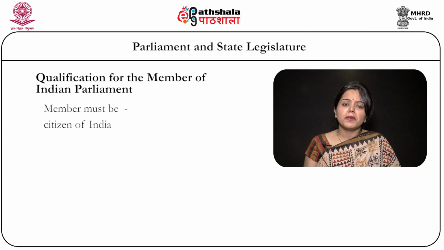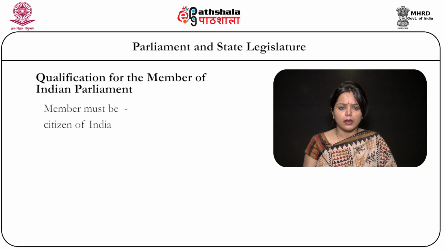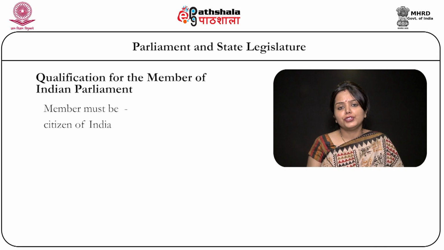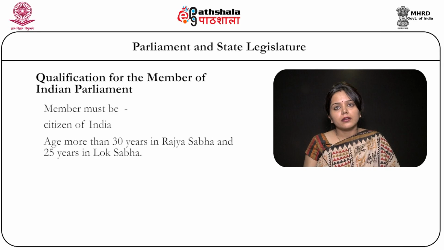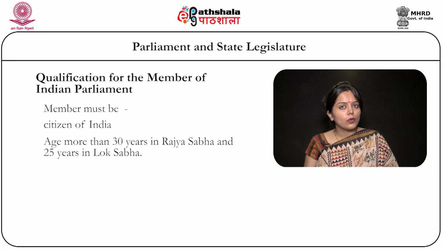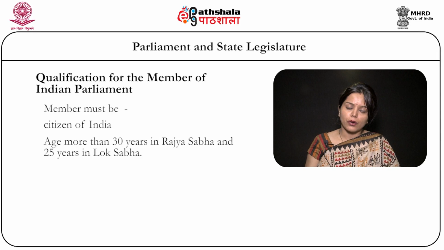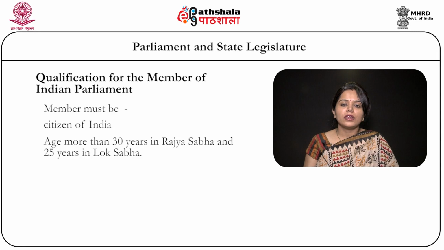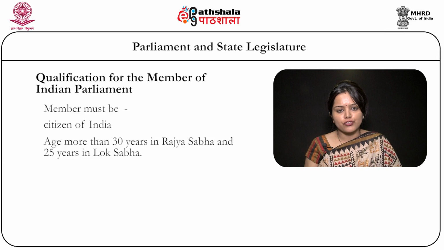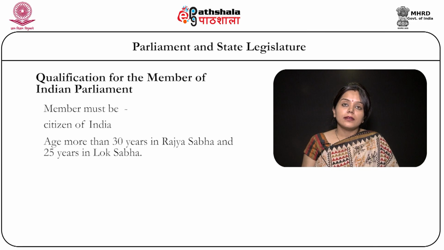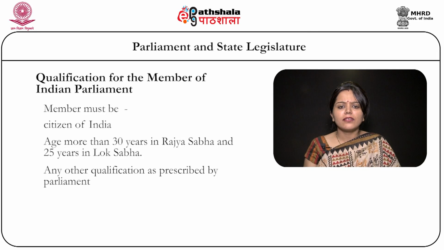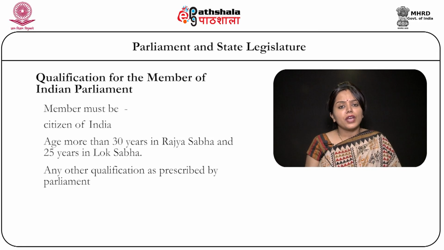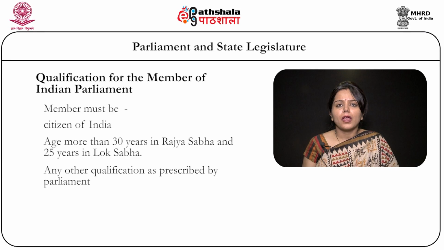And specifically for the Rajya Sabha, the member should be more than 30 years in age, and for the Lok Sabha, he or she should be more than 25 years in age. After that, any other qualification as given by Parliament should also be a qualification of the member.